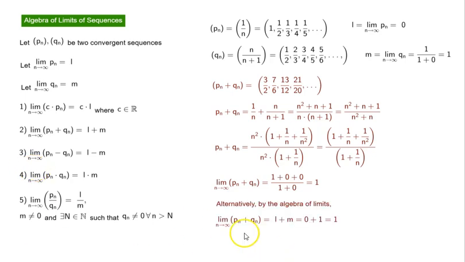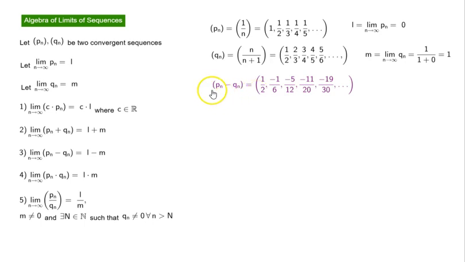So limit as n goes to infinity of p sub n plus q sub n is equal to L plus m, that is 0 plus 1, equal to 1. So instead of all this, just this one single statement would have been sufficient. Now, this is only possible if we know the limits of p sub n and q sub n.